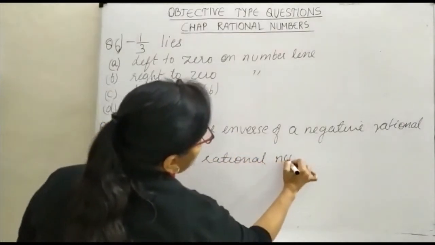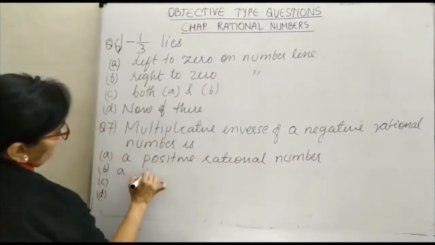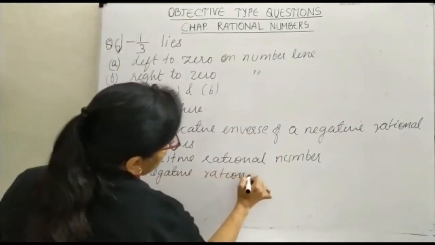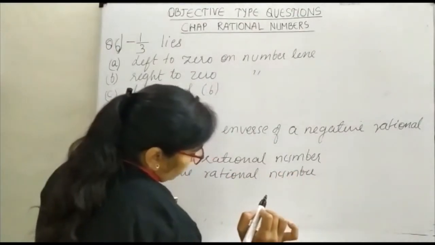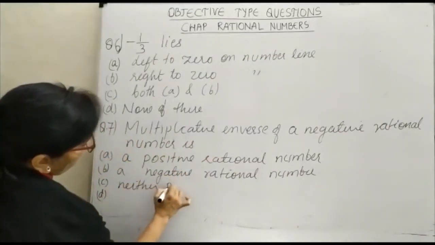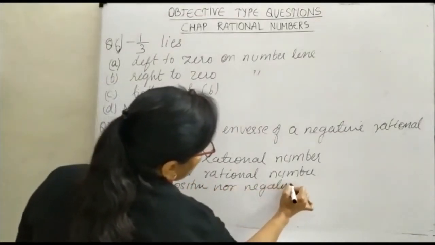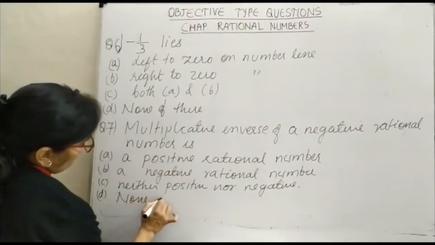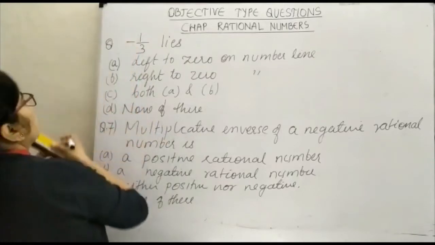Your second option is a negative rational number. Your third option is neither positive nor negative. And your last option is none of these.